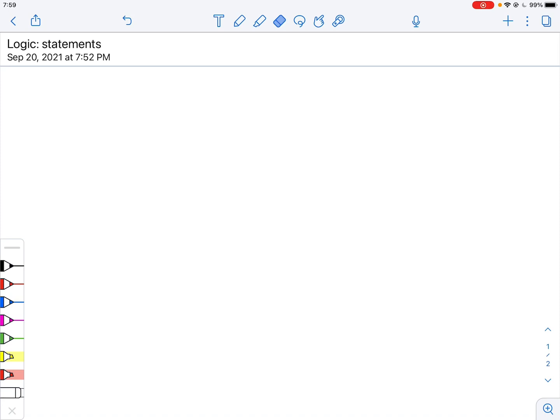So let me start off by giving you the definition of a statement. Definition: a statement is basically a meaningful sentence that can be determined to be either true or false. Let me write that down.